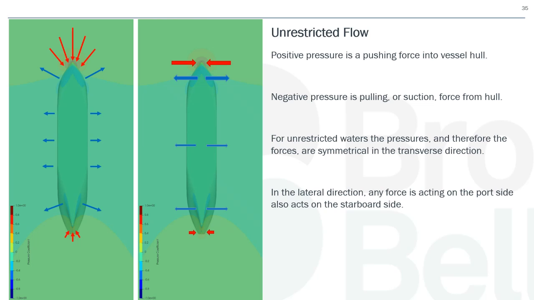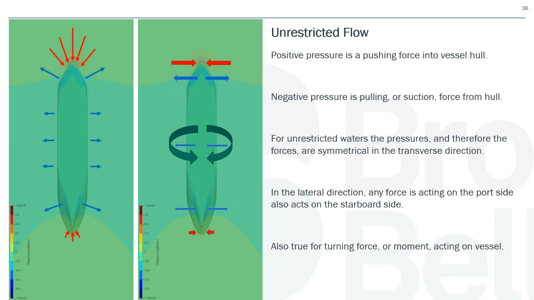And similarly with your suction forces, what's happening in the port side is equal and opposite to what's happening in the starboard side. So they balance each other out because your vessel is symmetrical, and you have effectively no imbalanced forces. It's all perfectly balanced in the lateral direction.